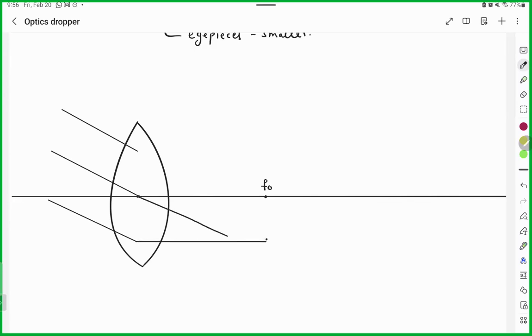This is wrong. It should be like this, because line that pass through the aperture should be straight. But now it is going out of the aperture. We have to slightly tilt this. Okay.